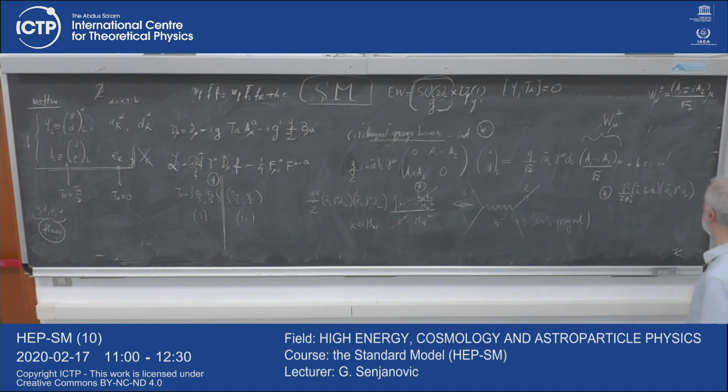This is the interaction Fermi would have written. Only he would have called this 4 G Fermi over square root of 2. The 4 is because I have a half hidden here.